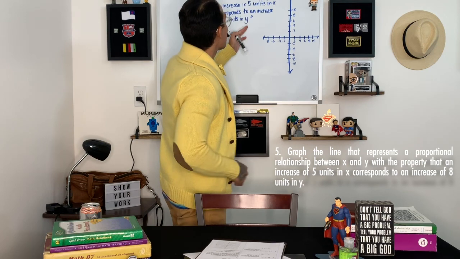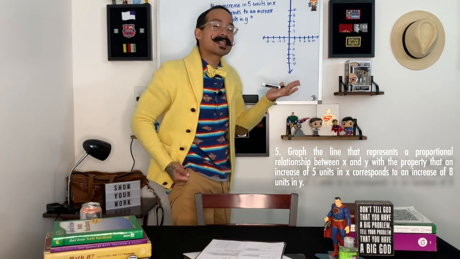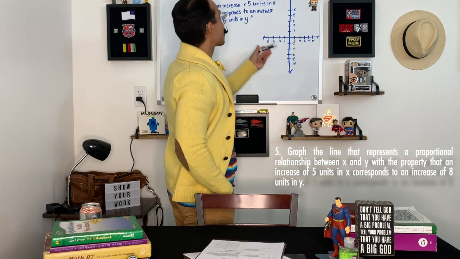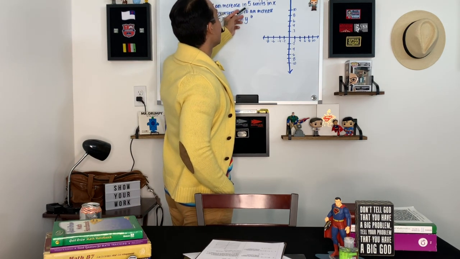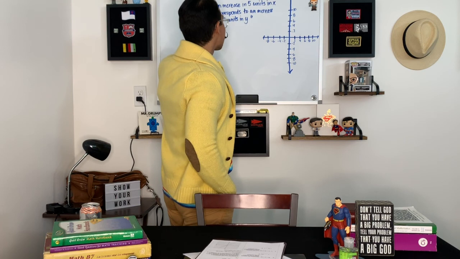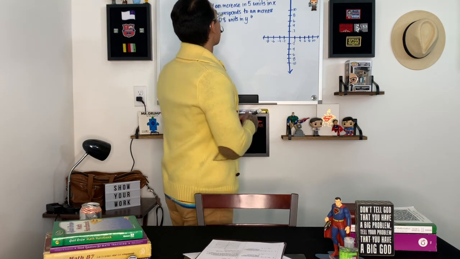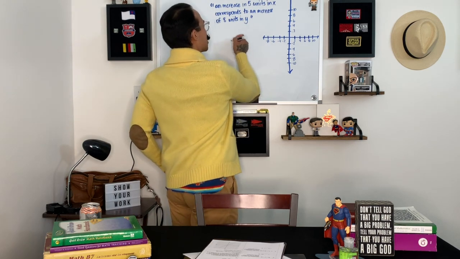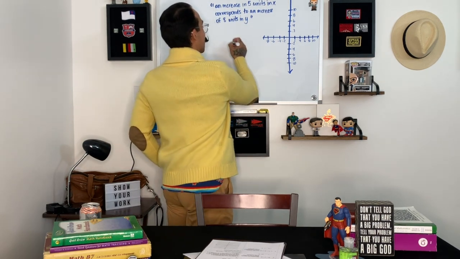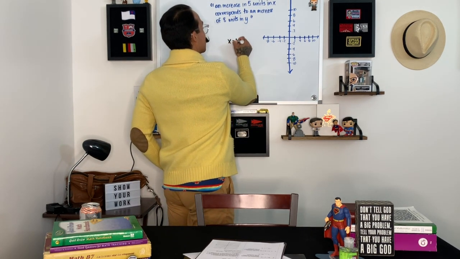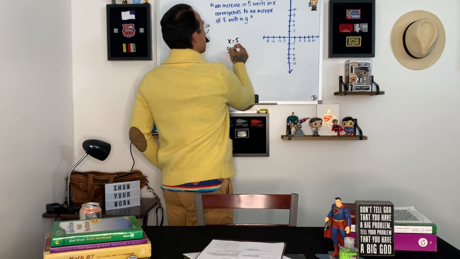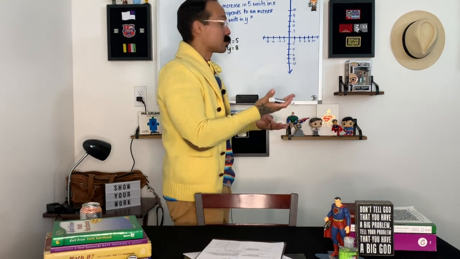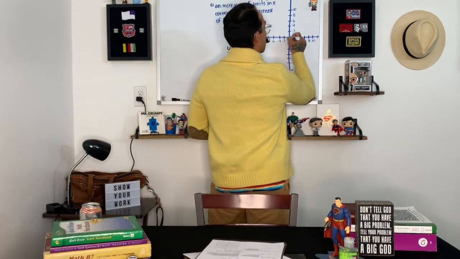Now, we're told within the context of this question what we're going to be using to help us graph. We're told that an increase in 5 units x corresponds to an increase of 8 units in y. So right away I can start to think, okay, if x is equal to 5, y is equal to 8, that's actually my first ordered pair that I can start to plot on this graph.